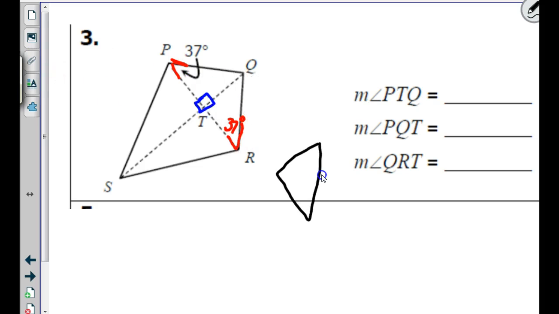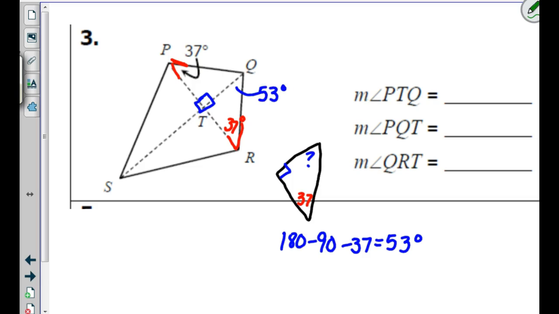Slide it over here. Say this was 37. This was 90. So then we can find this up here by doing 180 for a triangle minus a right angle minus 37 leaves 53, I think. Yeah, to be that angle up here, which would be this one.